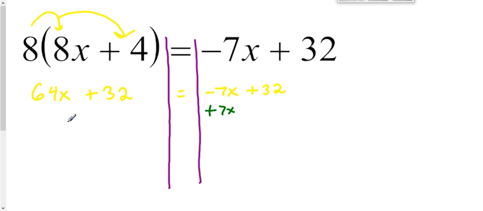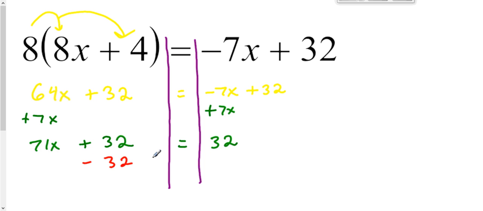So I'm going to add 7x to both sides. That gives us 71x plus 32 is equal to 32. Subtract 32 from both sides. And I have 71x equal to 0.